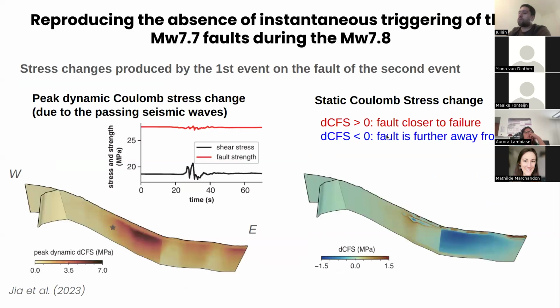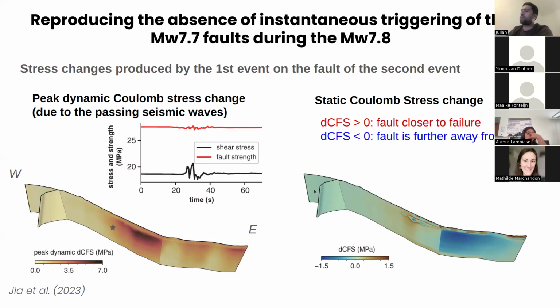Another thing that our model reproduces well is the absence of instantaneous triggering of the magnitude 7.7 fault during the first event. Here what you see are the stress changes produced by the first event on the fault of the second event. Here you can see the peak dynamic Coulomb stress changes due to the passing seismic waves, and you can see that the shear stress during the first event stays well below the fault strength.